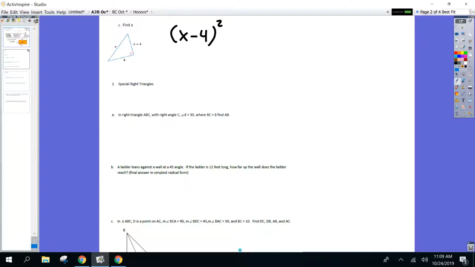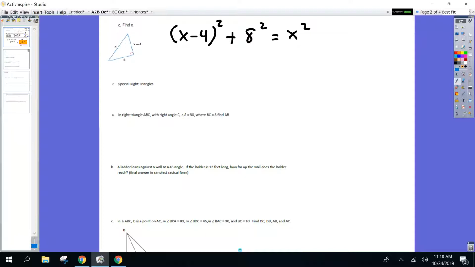So the last problem, we had a radical, like the square root of 369, that didn't solve out to an even number. Yep, that's why I had rounding directions. Why can't we just leave the 369 under the radical? You could, but what does the direction say? Round your answer to the nearest tenth. Okay, X minus 4 squared plus what's your other leg? 8 squared equals hypotenuse X squared.